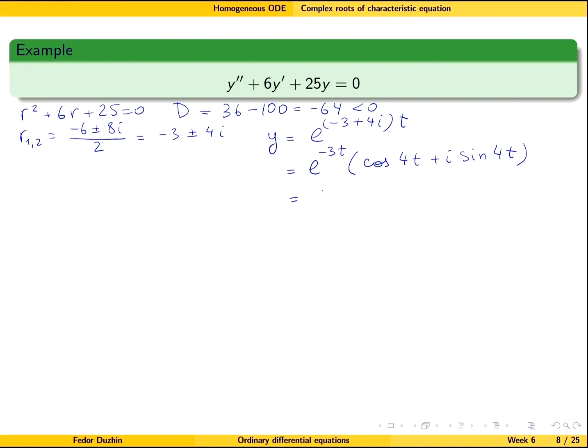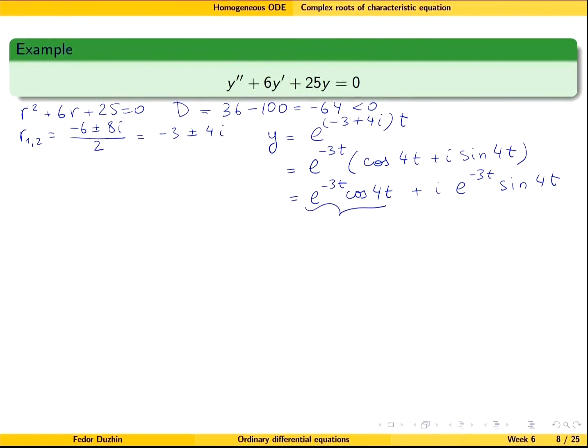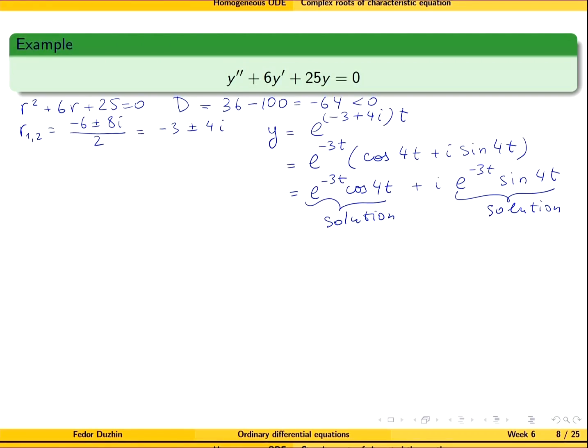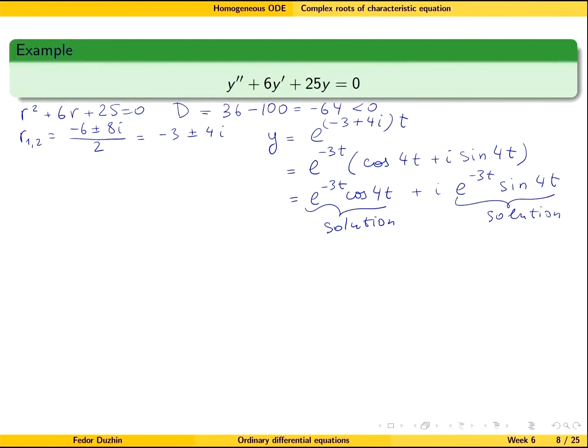So let me rewrite it with the real part, e to the minus 3t cosine 4t, plus i e to the minus 3t sine 4t. This is the real part, and this is the imaginary part. Both of them are actually solutions. You can probably guess that they are two linearly independent solutions, but let's just verify that they are indeed linearly independent. Okay.